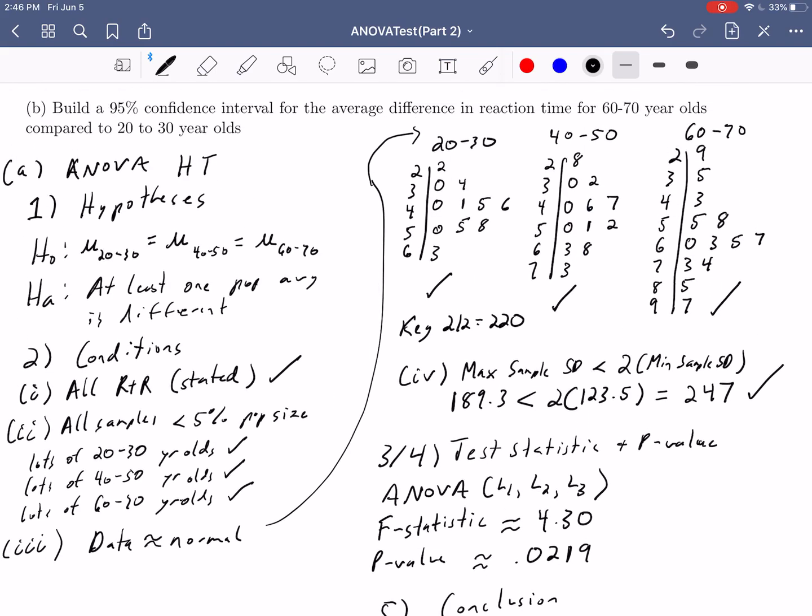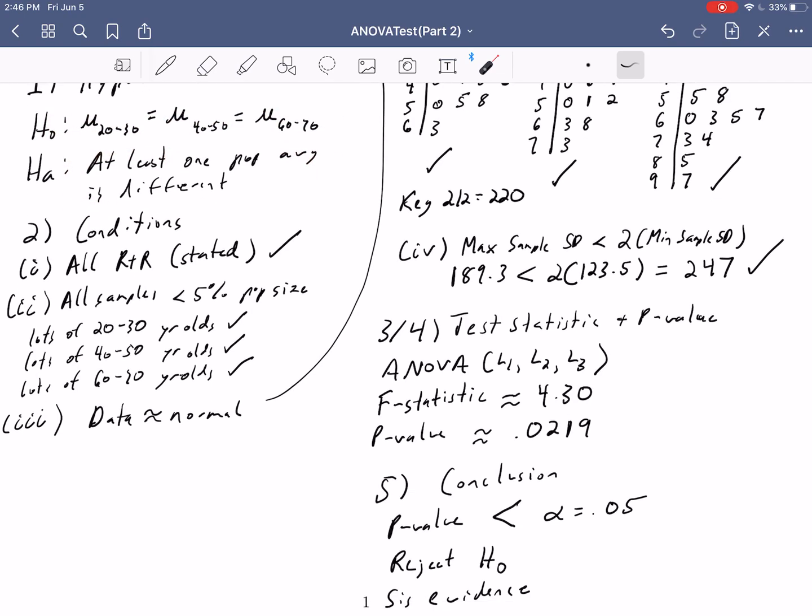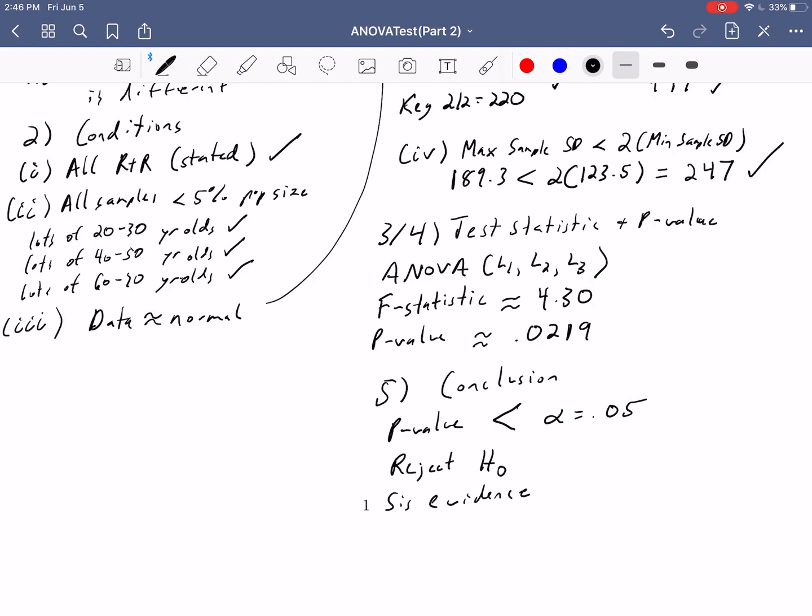Well, what was our claim? If we look back up here, we're rejecting that all the population averages are equal, and we are saying that we have evidence that at least one population average is different. So, significant evidence that at least one age group has a different average reaction time than the others.